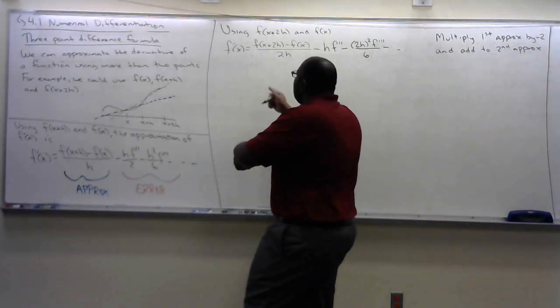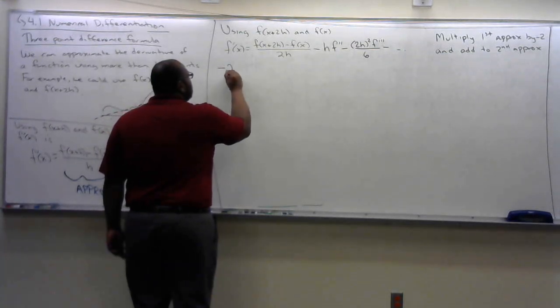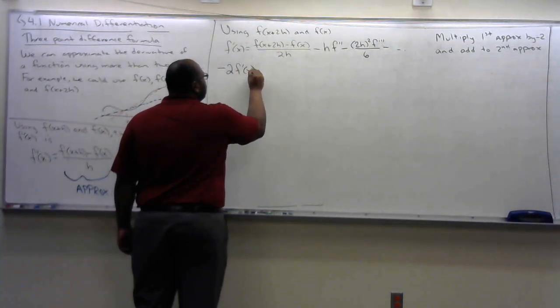So let me do that. Let me just do it here. I'm going to multiply this one by -2, so it's going to become -2 f prime of x equals.